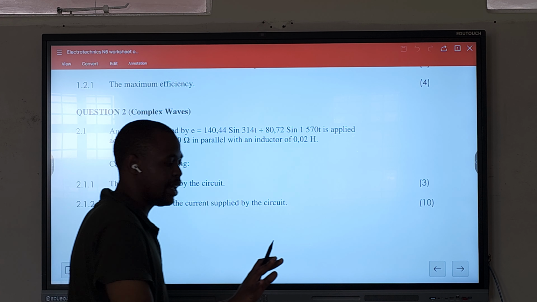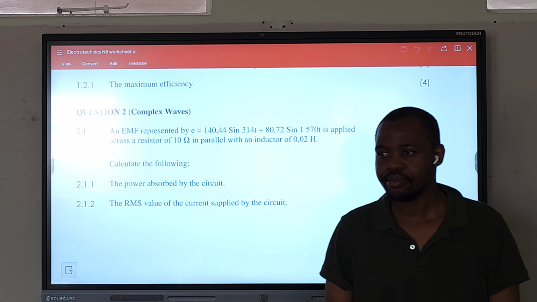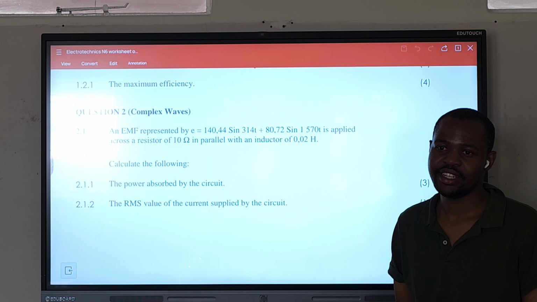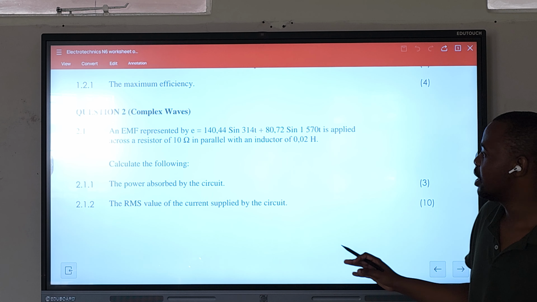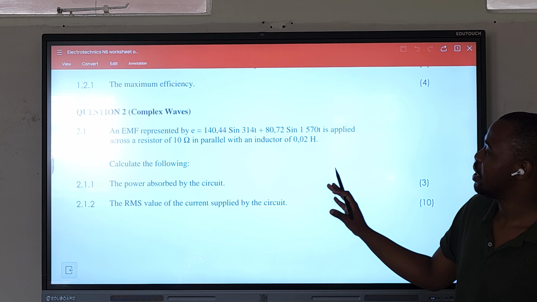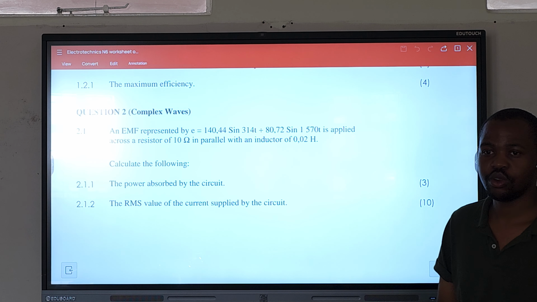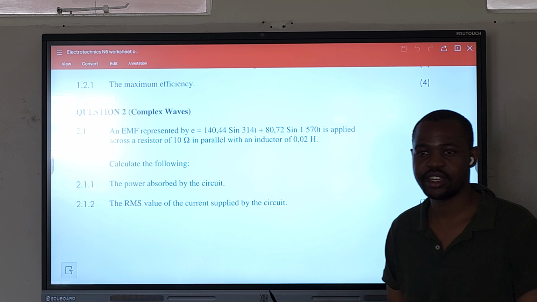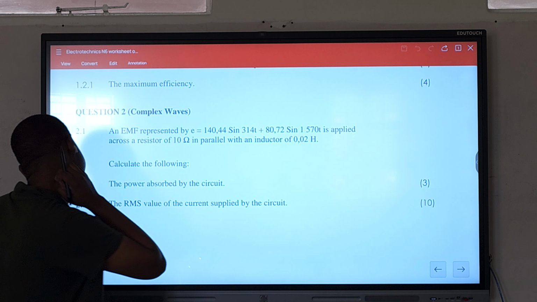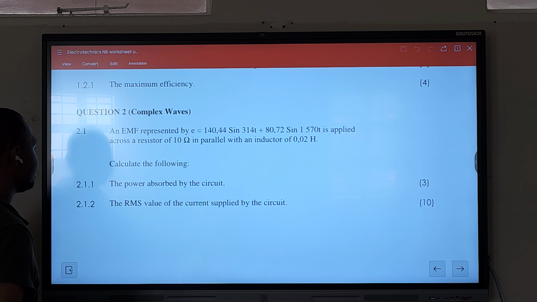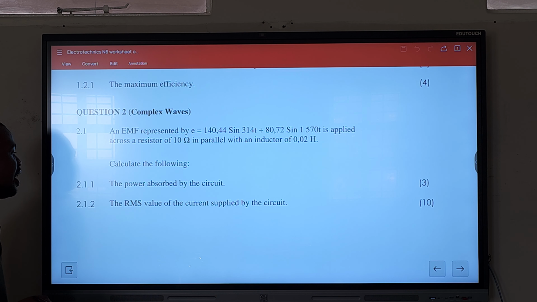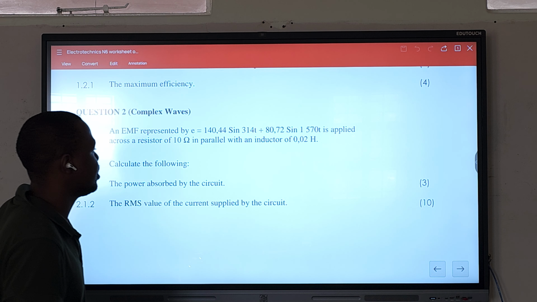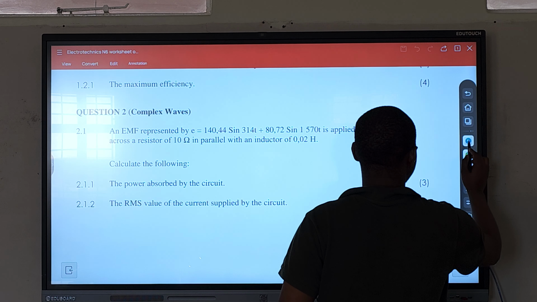The only quantity that absorbs power in a circuit is resistance. The inductor and capacitor store the energy, then they transfer it between each other. Then next, we need to calculate the value of the current supplied by the circuit.